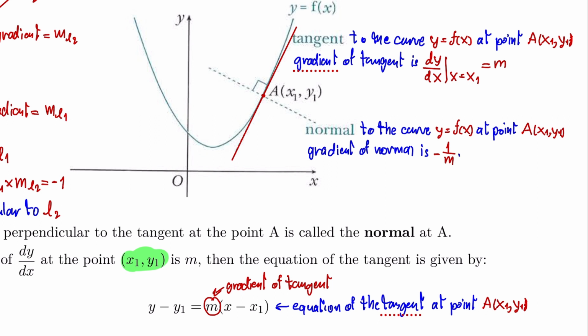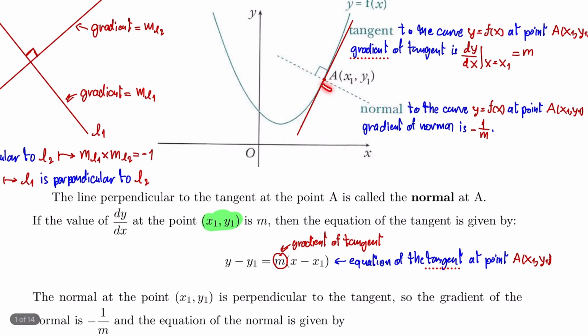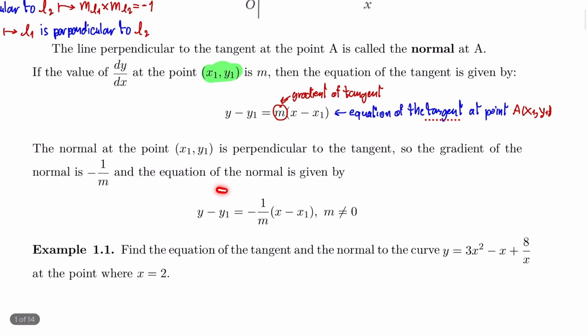Alright, so let's go to the equation of the normal. The normal passes through point A with coordinates (x1, y1), and the gradient is -1 over m. So we're going to have the equation y minus y1 equals -1 over m times (x minus x1). This term right here is the gradient of the normal.